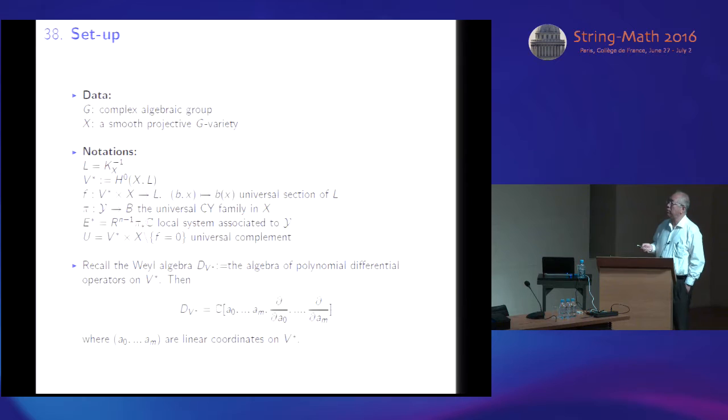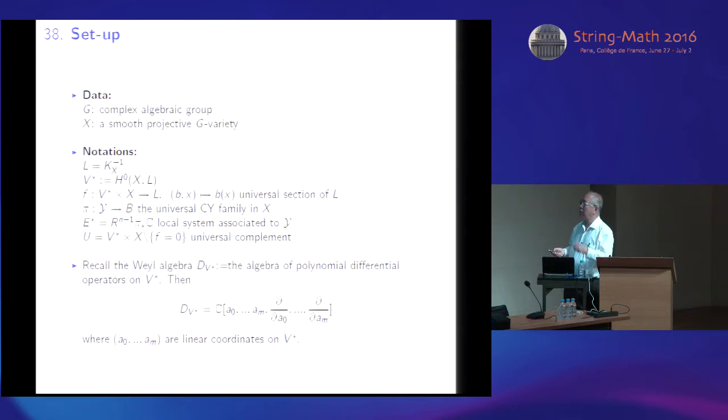So we assume there's an algebraic group acting on the manifold: a smooth projective G-variety X with an algebraic group G acting on it. The notation we shall use from now on is this. L would be K_X inverse, the anti-canonical line bundle of X. V star is the space of sections of it. And there's a universal section of L, given by mapping V star cross X to L by doing the tautological thing: (b, x) is mapped to b at x.